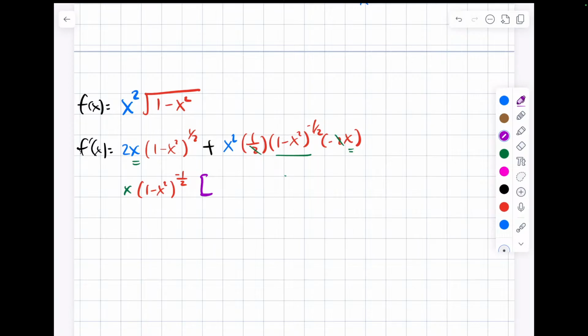So now the first part here, what do I have left? I have 2. Good. What else? Since this is going to be 1/2, you factor out negative 1/2. What am I going to get? What's 1/2 minus negative 1/2? That's going to be 1. So it'll be 1 minus x squared to the 1, right?